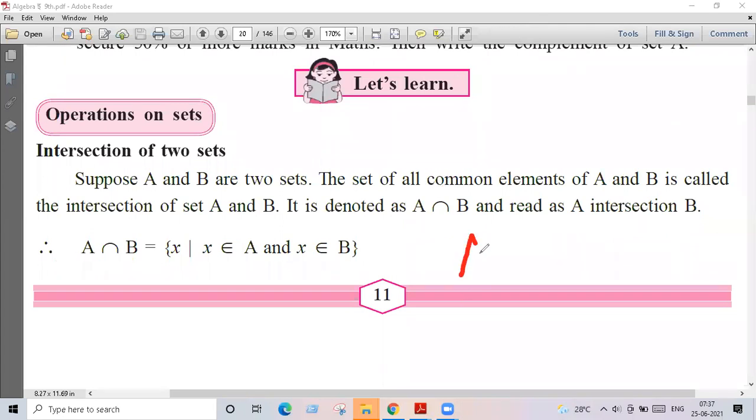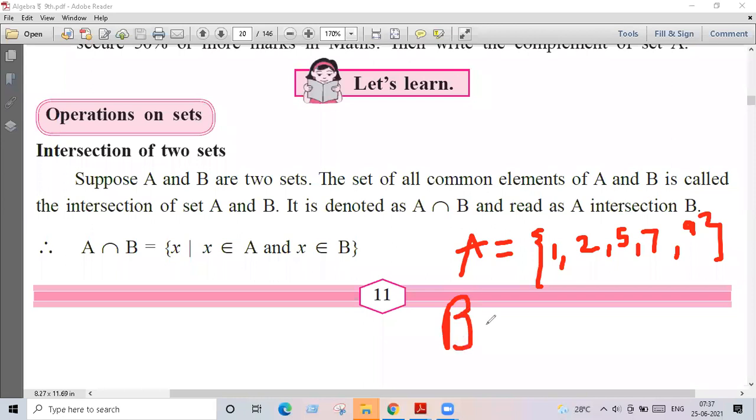See an example. Suppose in A you have the elements 1, 2, 5, 7, 9, and in B you have 3, 2, 5, 10.